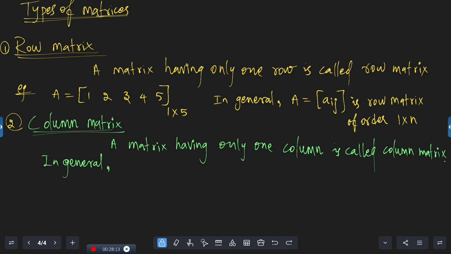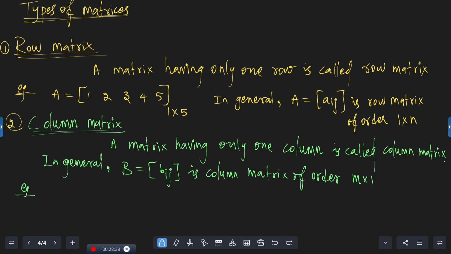Sorry, there I used A, here I'll use B. B equal to the element Bij is a column matrix of order m rows with one column. Column must be only one. Example I'll give. Matrix B equal to 1, 2, 3, 4. So here we have 4 rows but only one column. So this is called a column matrix.